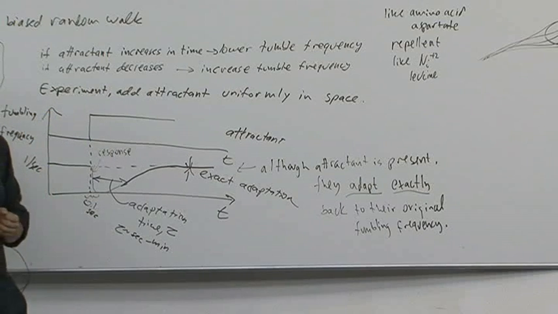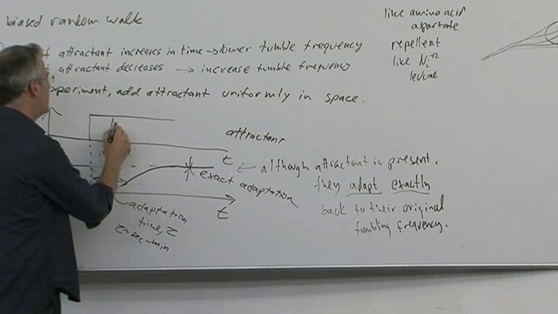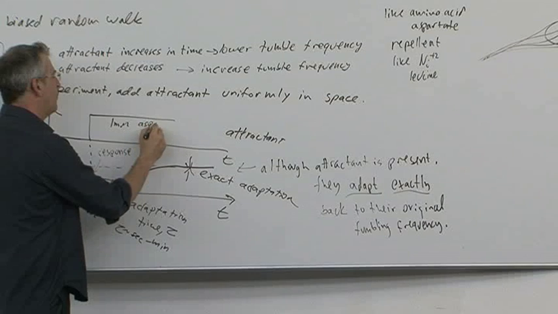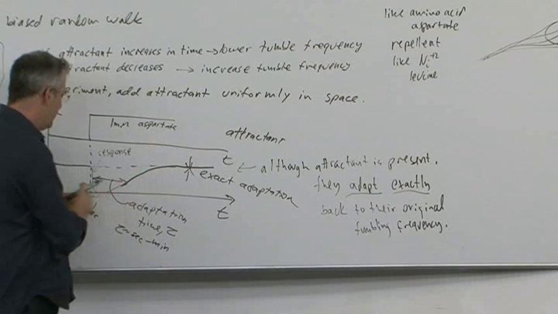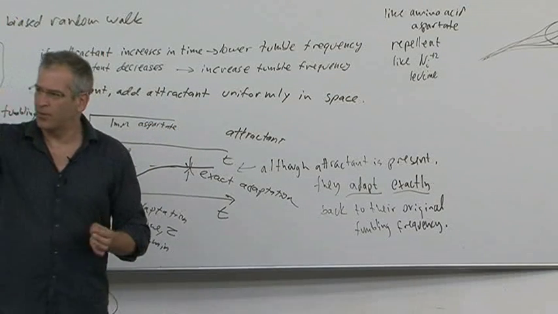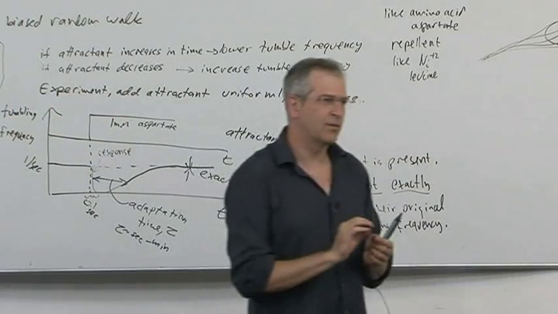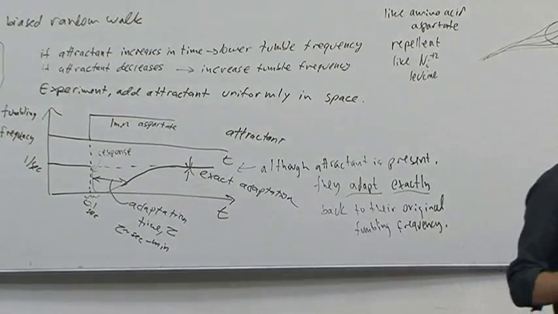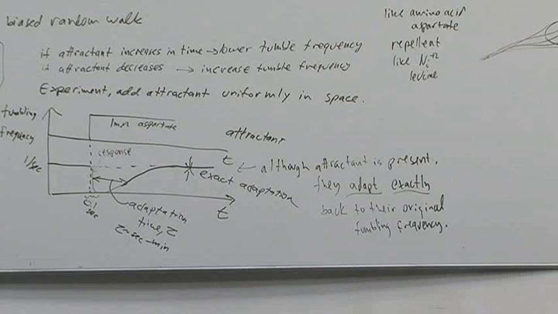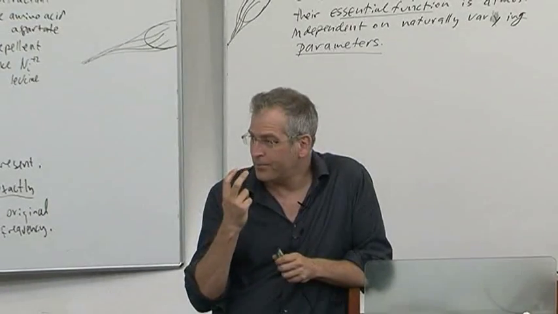You put in saturating attractant, let's say 1 millimolar aspartate. They can stop tumbling for 10 minutes and then adapt. And if you put a tiny amount, 1 micromolar, after a few seconds, they adapt. Now, this adaptation is very common in sensory systems across biology. For instance, our own eyes, our visual system.